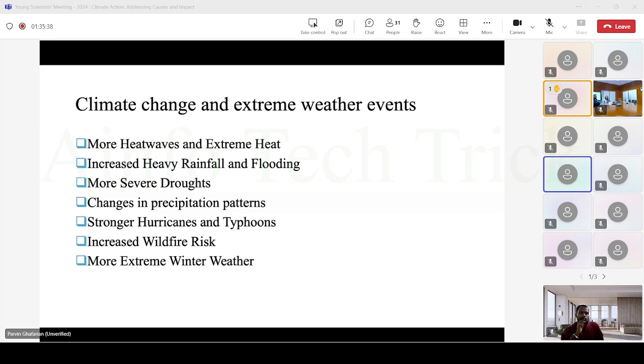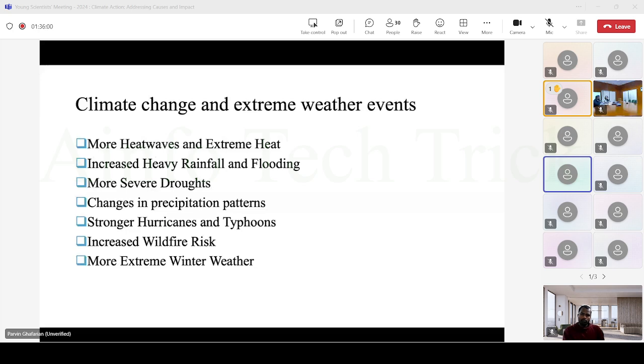And change in atmospheric circulations. Climate change can alter weather pattern, leading to prolonged periods of heavy rain in some regions and more severe drought. Higher temperature increase evaporation, leading to drier conditions in many areas, especially those already prone to drought.